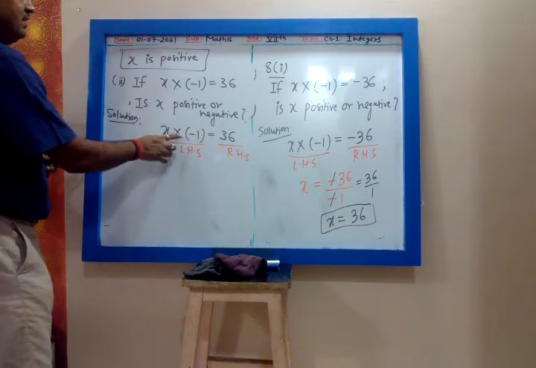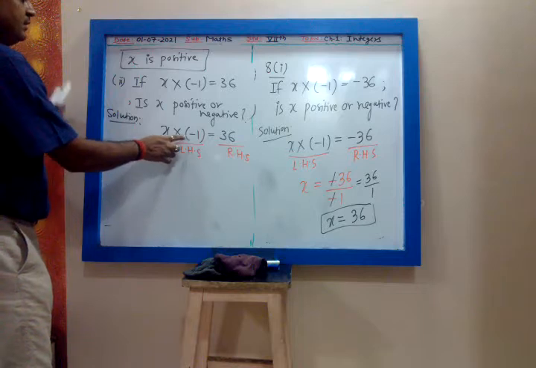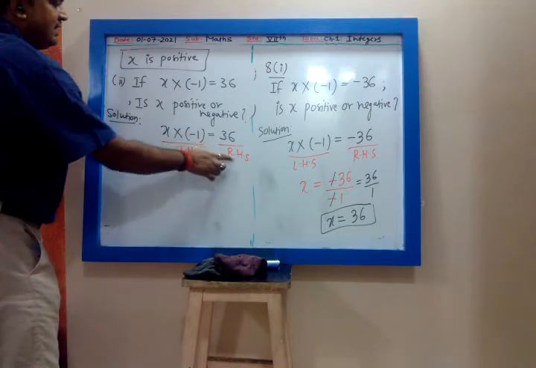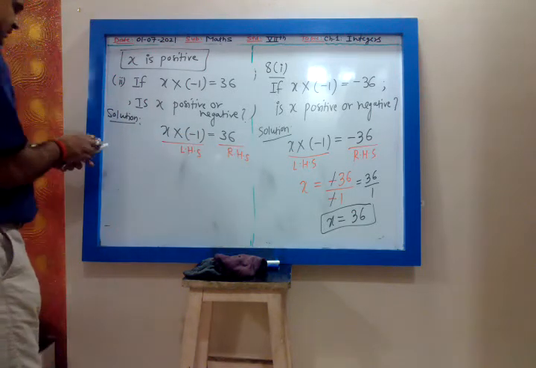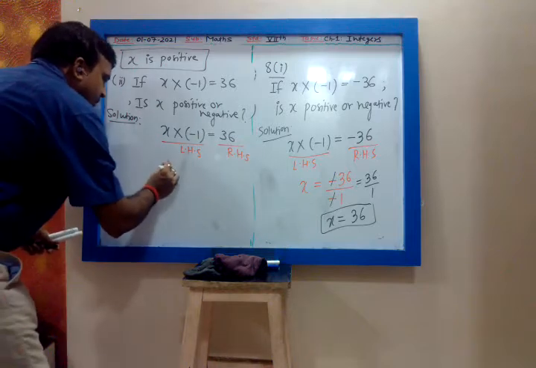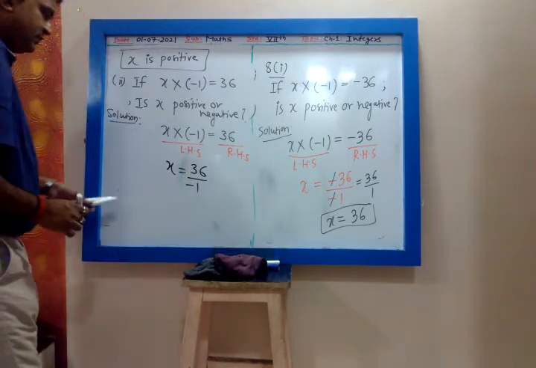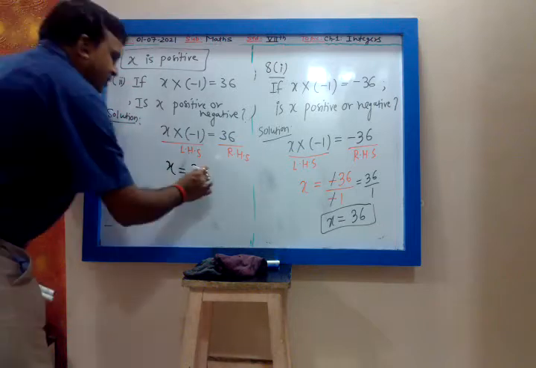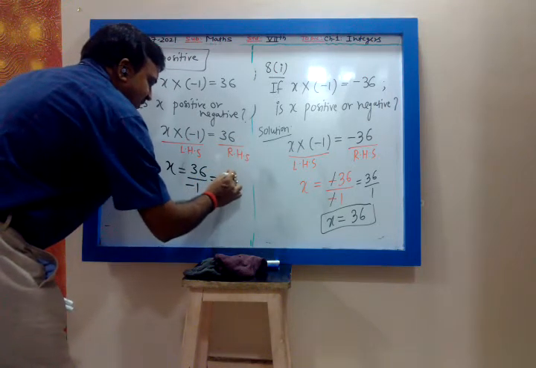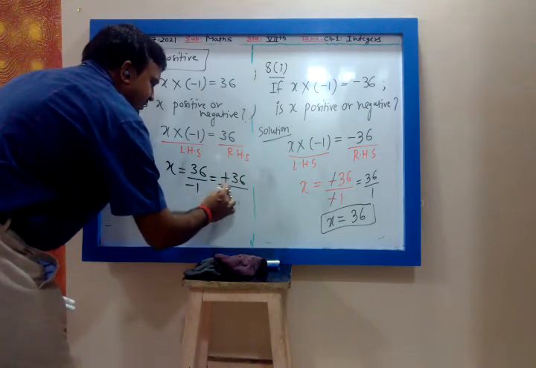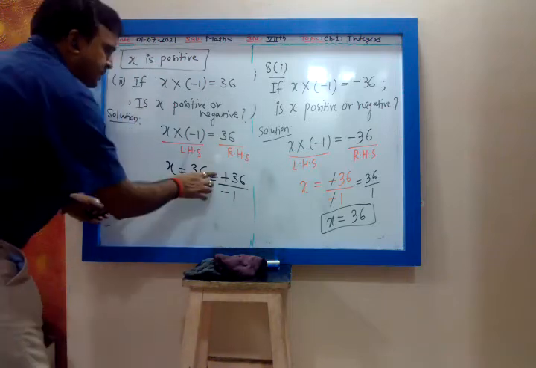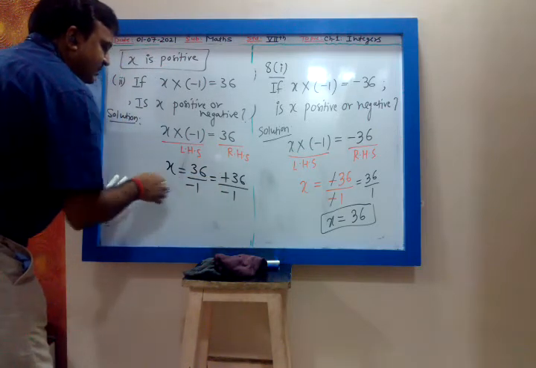So minus 1 is there in the multiplication on the left side. So when I take minus 1 to the right hand side, it will go in the division. So you will get x is equal to 36 upon minus 1. What is the sign of 36? Plus. What is the sign of minus 1? Minus. So plus upon minus is minus.